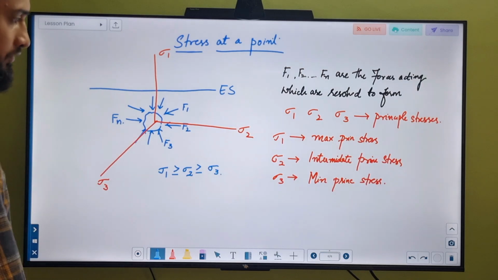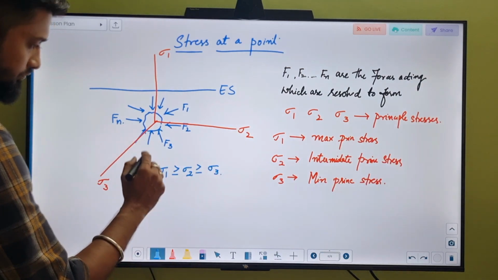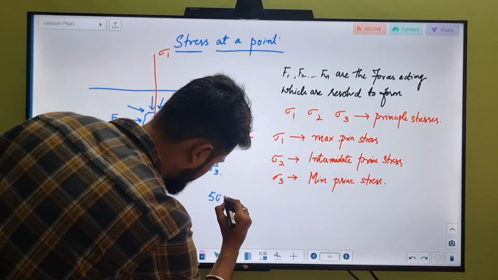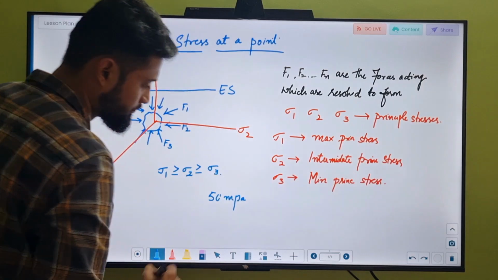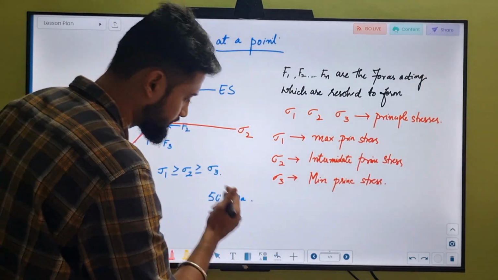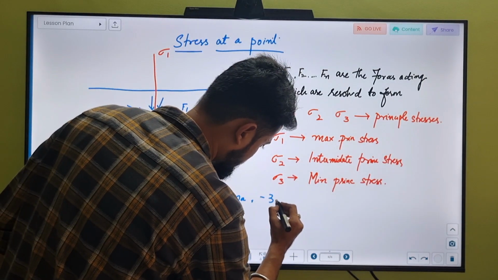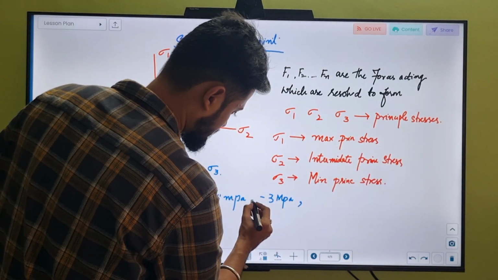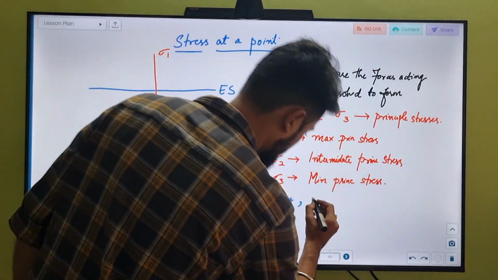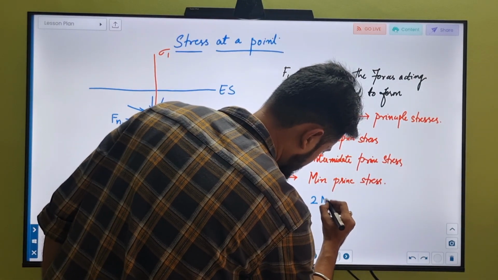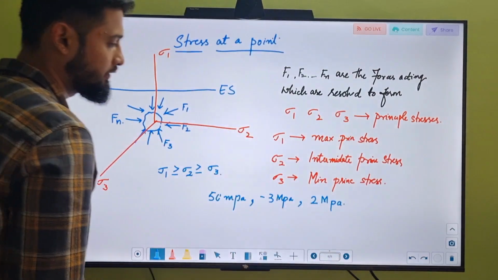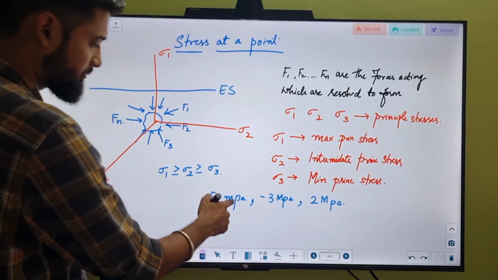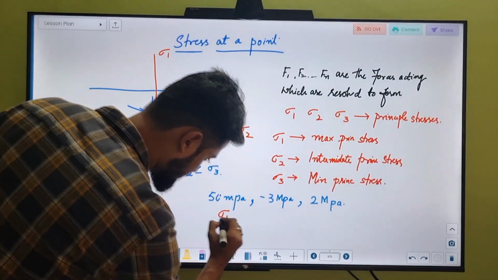We'll discuss one example. If I write 50 MPa, then minus 3 MPa, then one more, 2 MPa. If I want to name the principal stress axes here, 50 MPa is the maximum, so this becomes sigma 1.